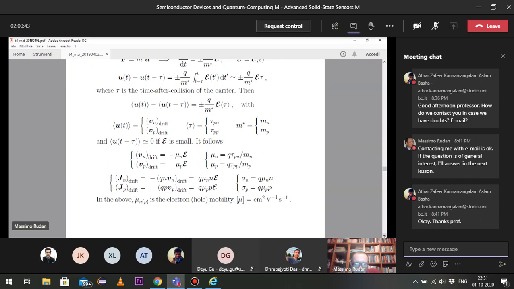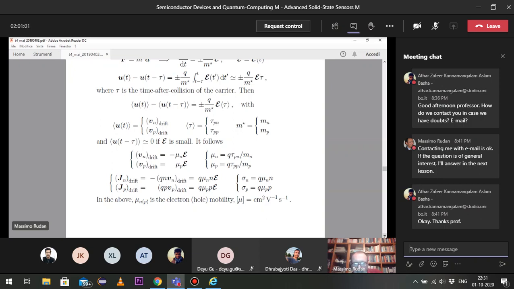The same applies for the holes. So the conductivity of the holes, sigma p, is Q mu p times p, same thing. So we have eventually found out the expression of the conductivity.